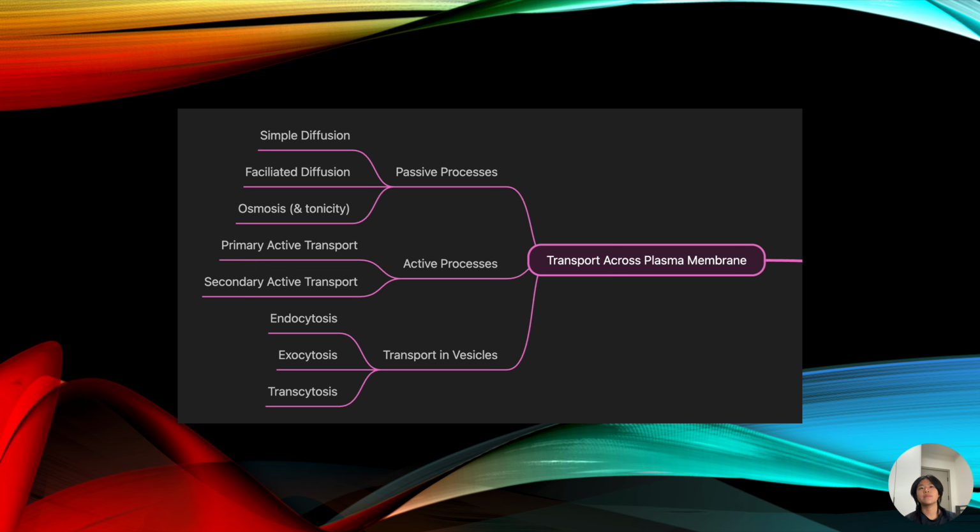There are different types of facilitated diffusion. Basically, there is a protein that helps our solute cross the plasma membrane in some way. In channel-mediated facilitated diffusion, there's a channel, which is quite intuitive, through which our solute can flow.